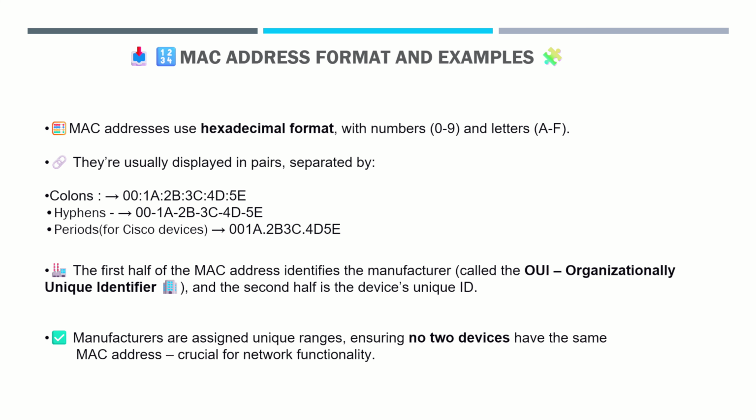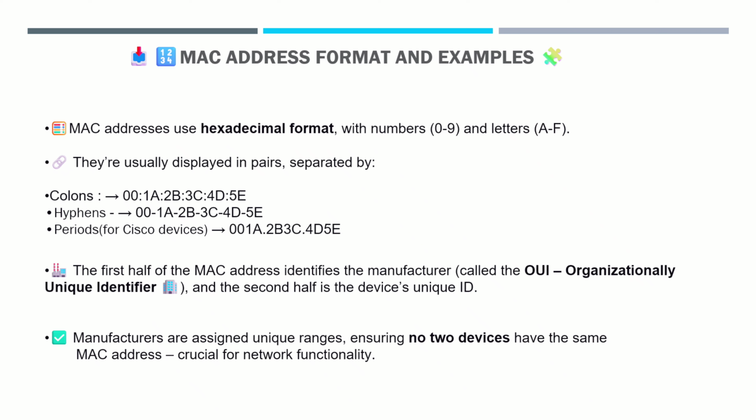MAC address format and examples. MAC addresses are usually represented in hexadecimal format, meaning they use numbers 0 to 9 and letters A to F. They're often displayed in pairs, separated by colons, hyphens, or periods. For example, 00:1A:2B:3C:4D:5E or 001A.2B3C.4D5E.